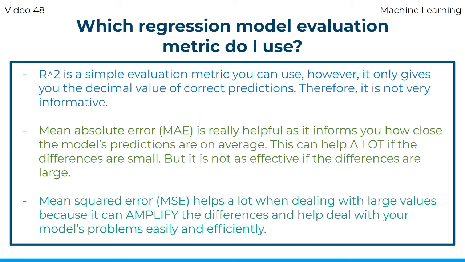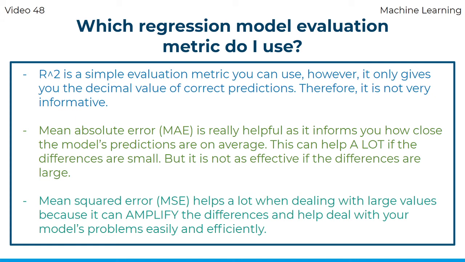It's a simple evaluation metric you can use, probably the simplest of the three we have learnt. Just make sure you don't use it too much because it's not very informative. It only gives you the proportion of correct predictions.